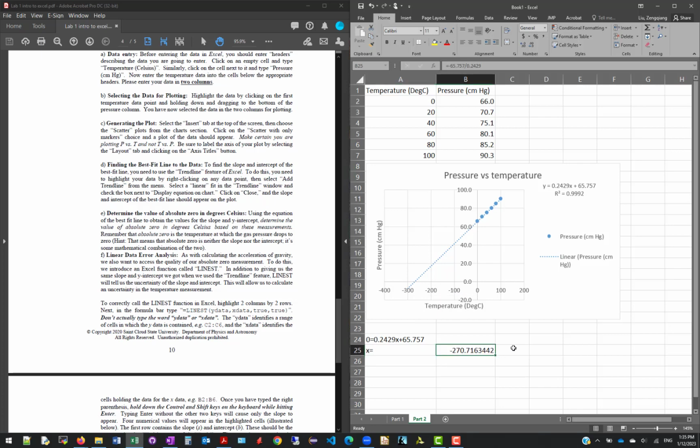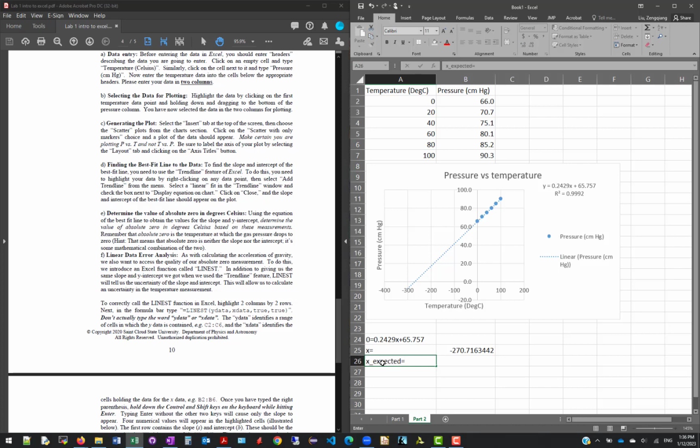Well, I don't really know how many digits to keep though. Should I keep as many digits as Excel spit out randomly, or should I be doing 3 digits? Well, I don't really know. So I have to analyze the uncertainty in order to know how many digits to keep, and whether this is good enough to say that I proved the absolute zero. So I probably should put in the expected value.